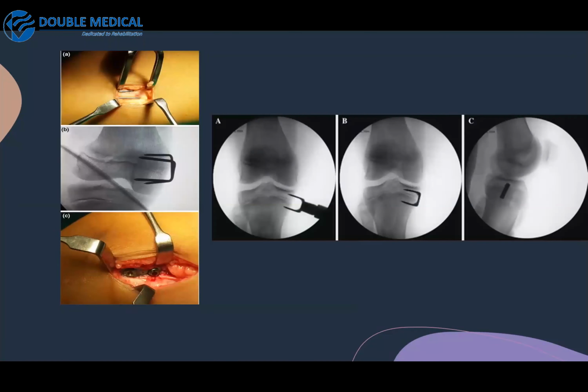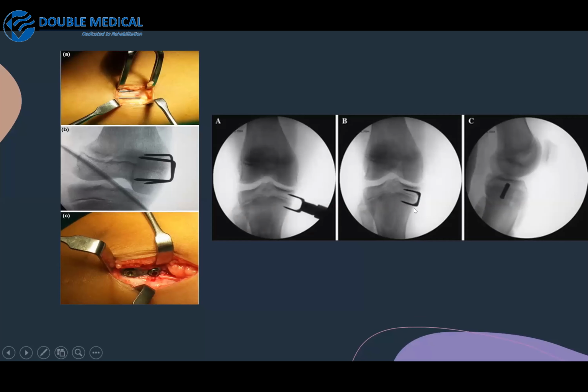For example, earlier on we used staples, whereby initially we identify the growth plate and knock the staples deep into the bone, all while checking with the image intensifier.